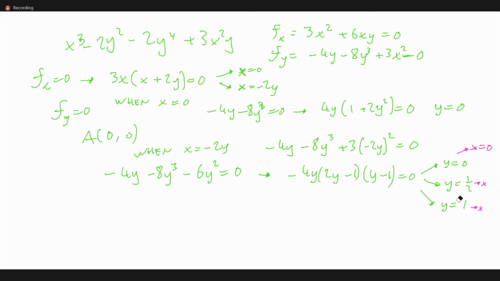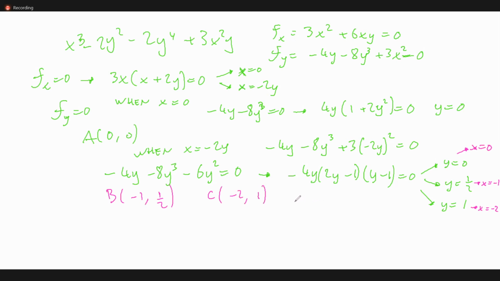So when y is equal to 1/2, x is equal to negative 1. And when y is equal to 1, x is equal to negative 2. So this gives us point B, negative 1, 1/2, and point C, negative 2, 1.